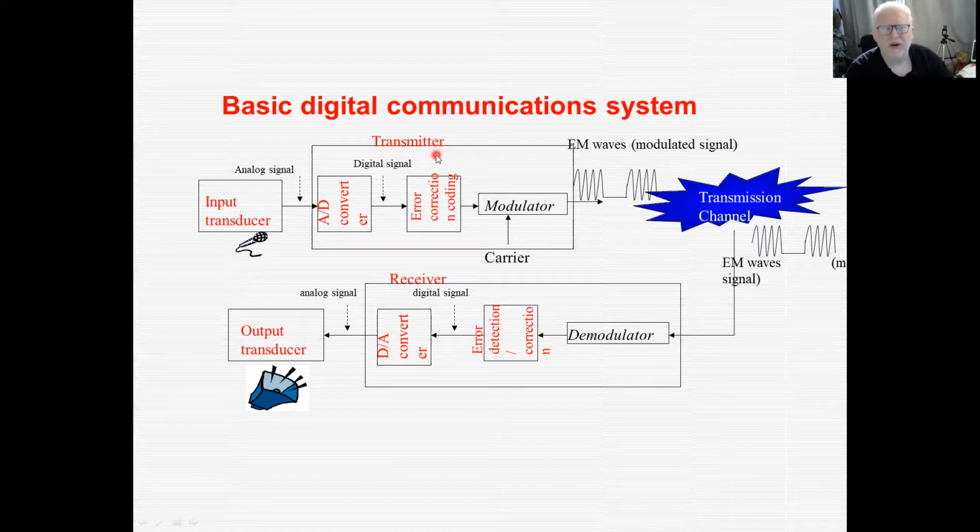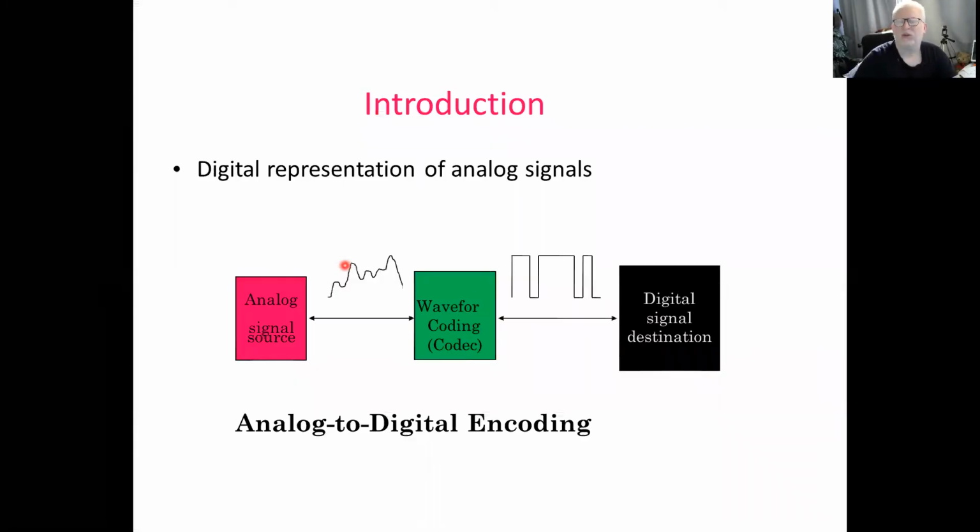So in our current lecture, we are focusing on this block: how we can convert the analog into a digital signal. In order to do this task, we have to do 3 steps. The first is to discretize the signal from its time perspective, or from the x-axis perspective, and this is what's called sampling.